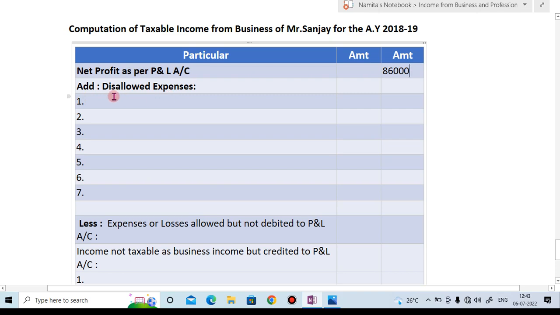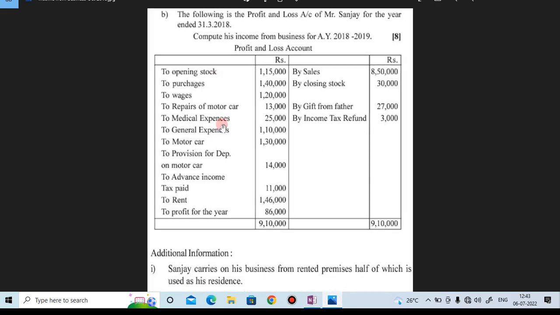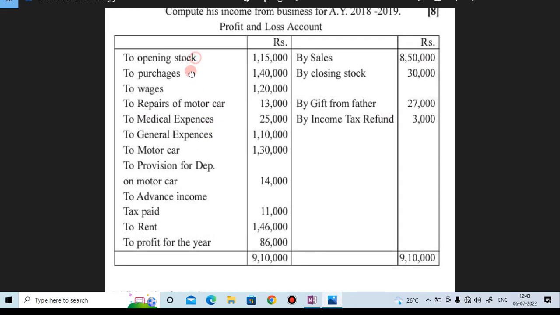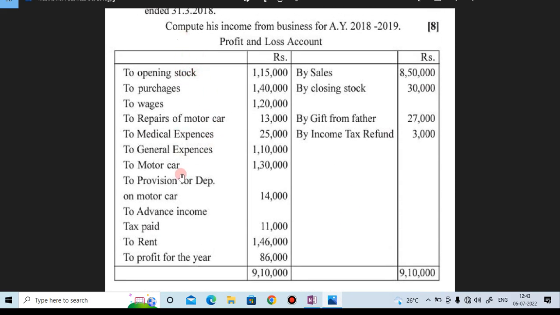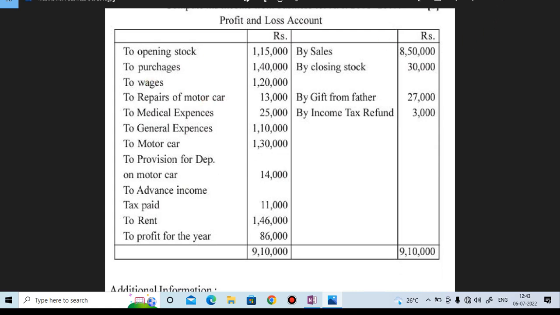Now from this net profit we have to add disallowed expenses. Now what are disallowed expenses? Disallowed expenses are those expenses which are not related to the business. You will get these in the profit and loss account debit side. You have to identify the disallowed expenses from the debit side. So first thing is opening stock, that is 1,15,000.